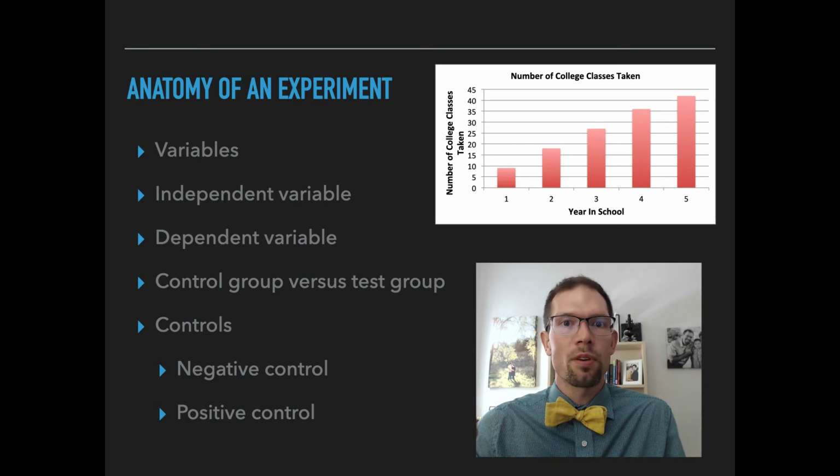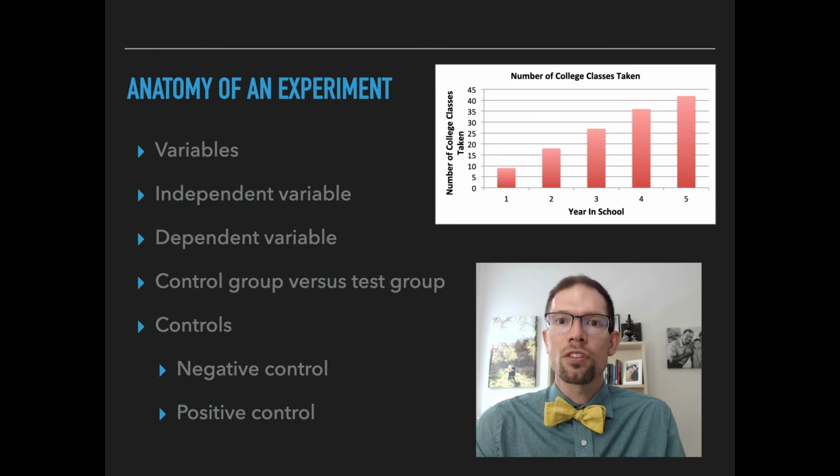So if you have some sort of buffer that it's dissolved in, that buffer is going to be in the negative control, but the actual stuff, let's say it's a soil sample, is not included. It just has, for example, maybe distilled water in that sample.